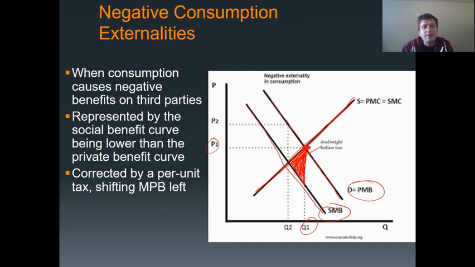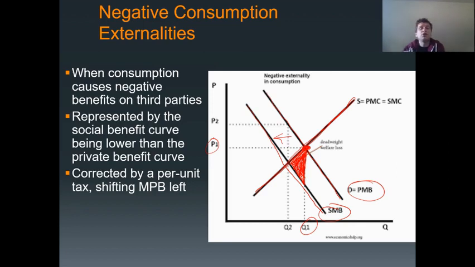Now, once again, we want to correct for this. We want to bring private benefit in line with the social benefit. So now we have to decrease that marginal private benefit. We have to shift it left. And in order to do that, we need to institute a per unit tax, shifting it to the left. It does have to be per unit. I do want to stress that throughout all of these. It's a per unit tax, not a lump sum.